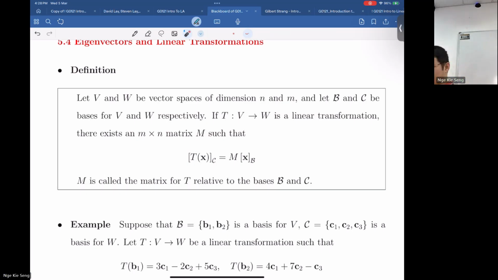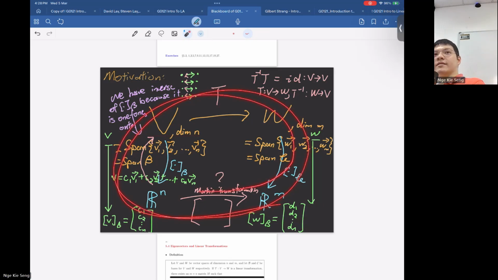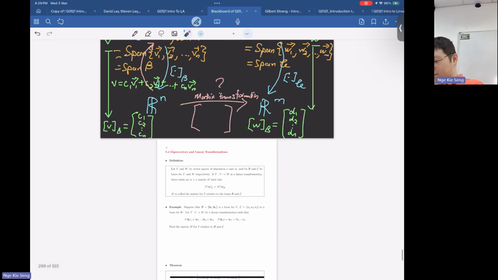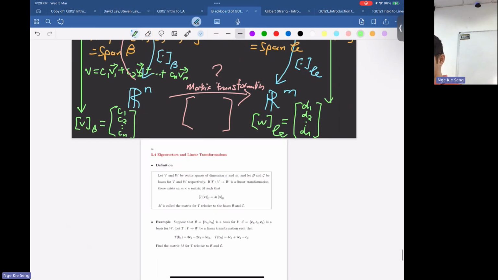Then they write it in this way. You see that this small equation here actually comes from this square. Then you put x_B here, and then you multiply, you get something in C. Let me demonstrate this equation for you.